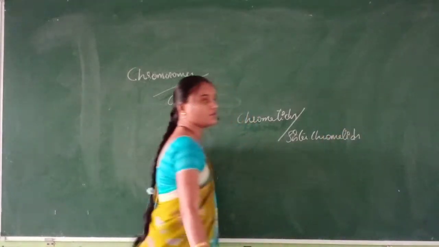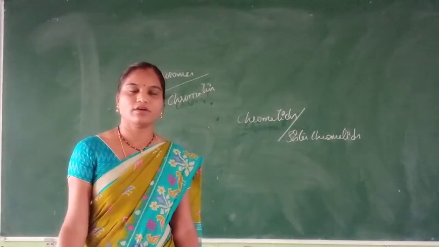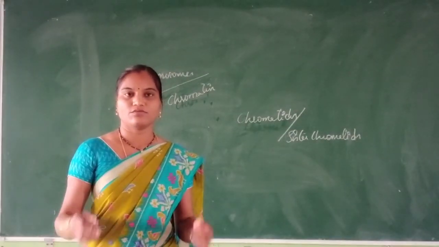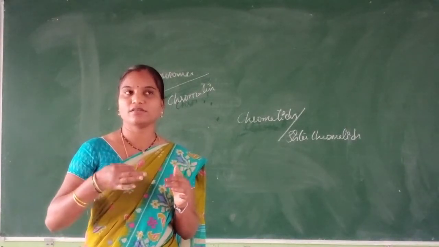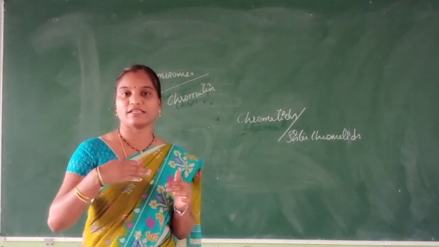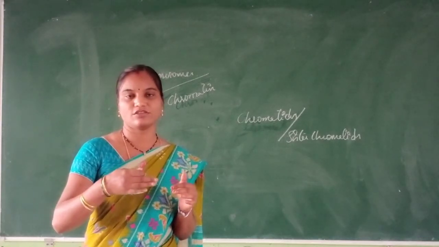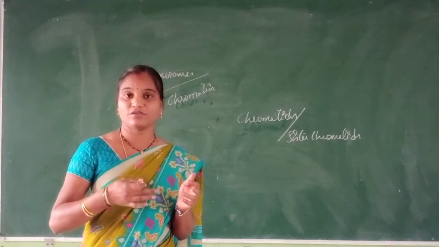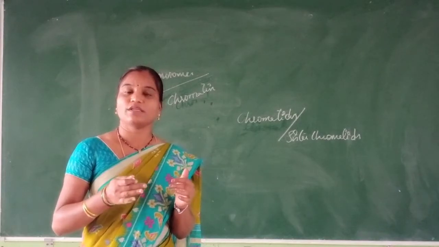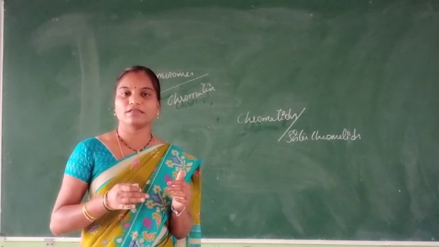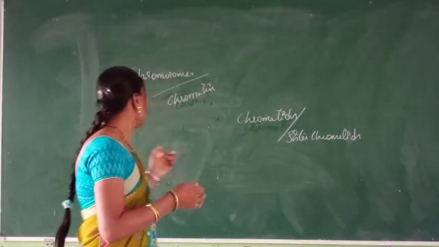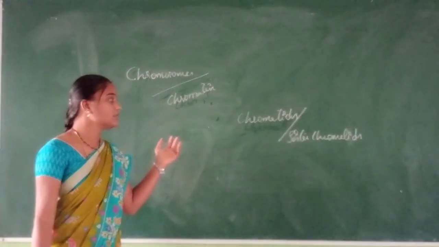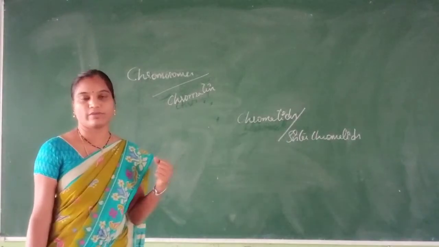In the previous class you learned what DNA is, how it is generated, how it is transferred from one generation to another, euchromatin and heterochromatin, isn't it? So in this session you will be understanding and distinguishing chromosomes, chromatids and sister chromatids.